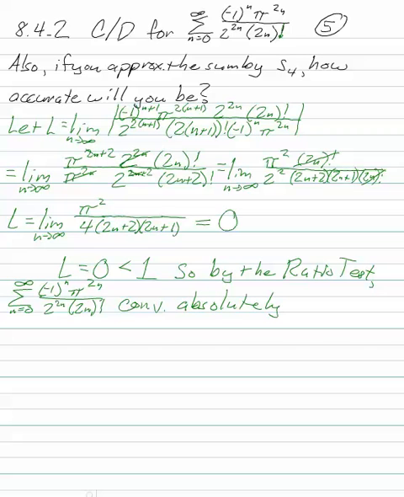Now, we have a leading question here. If you approximate the sum by S4, how accurate will you be? I say it's a leading question because you've already seen exactly what it's going to add up to. So the question is, how accurate is it if you just stop? If we take S4, we're going to add up A0 through A4.